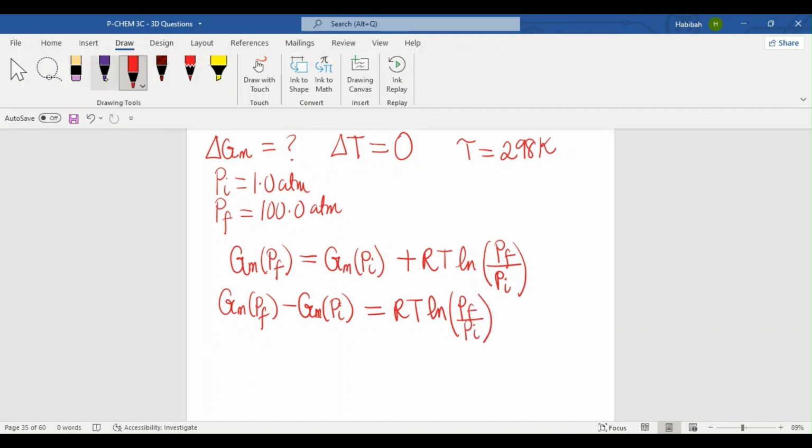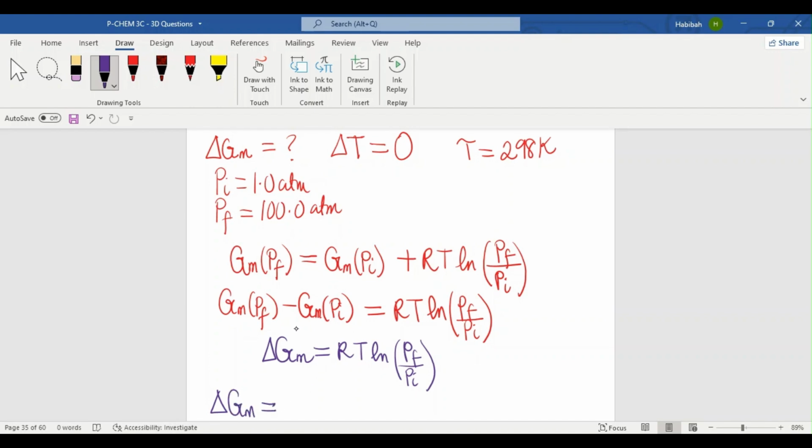The molar Gibbs energy of the final minus the initial is simply the change in Gm, which is what we're solving for. So ΔGm equals RT ln(P final divided by P initial). Now we've gotten the equation we're supposed to use, and we can simply substitute.